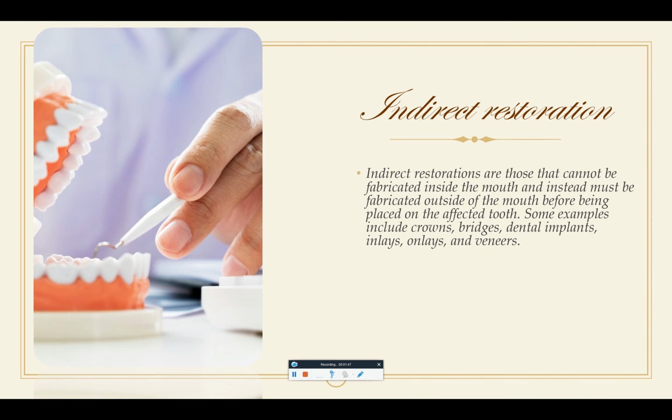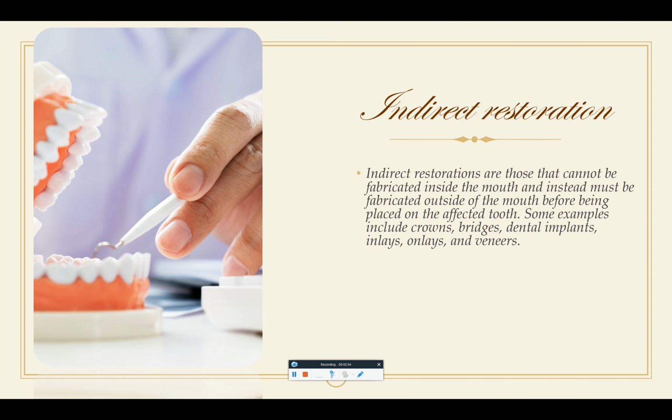This type of restoration depends on the technician, because it can't be fabricated inside the patient's mouth. We just prepare or reduce the teeth in the clinic, and the lab technician does the rest of the job.